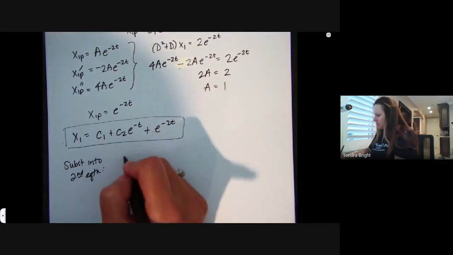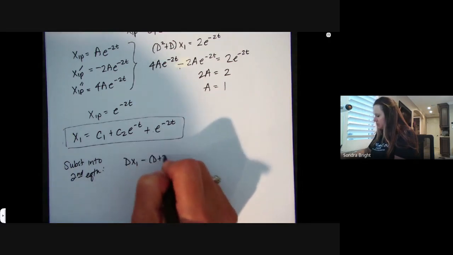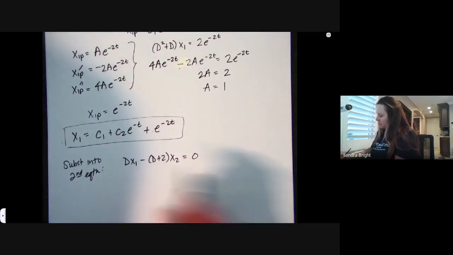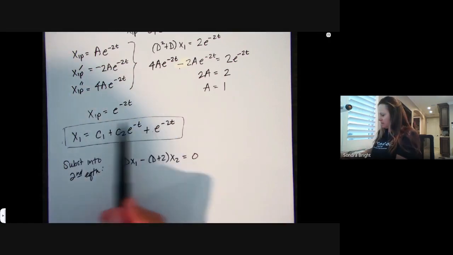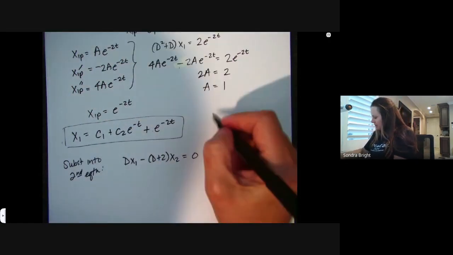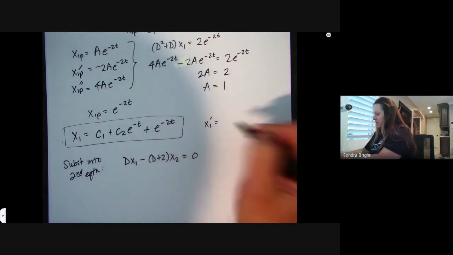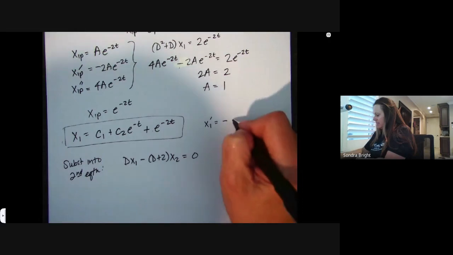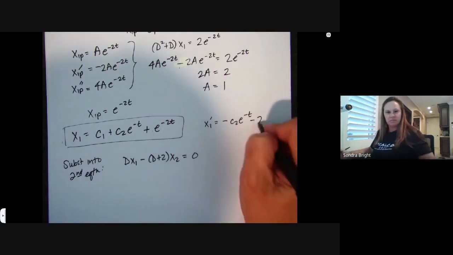If you remember, the second equation was D x1 minus (D plus 2) operating on x2 equals 0. So first, I have to take the derivative of x1. What would x1 prime be? It would be 0 minus c2 e to the negative t minus 2 e to the negative 2t.